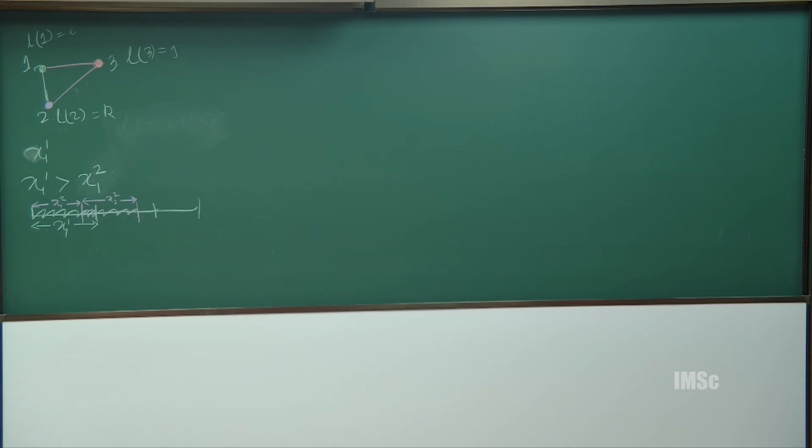Player 1 gets the slice that corresponds to the labeling of his vertex, player 2 gets the slice that corresponds to the labeling of his vertex, and player 3 gets this. So potentially this is for player 1, this is for player 2, this is for player 3, or some other way, but this is a permutation. It can't be that two players are pointing to the same slice.